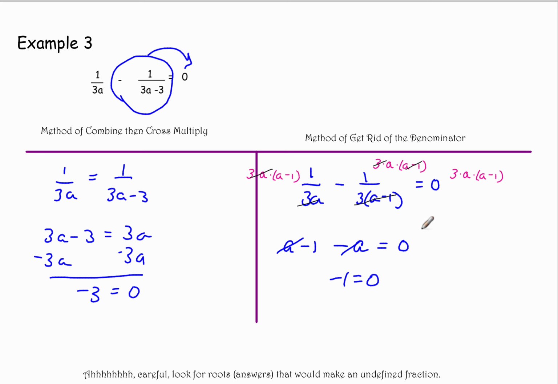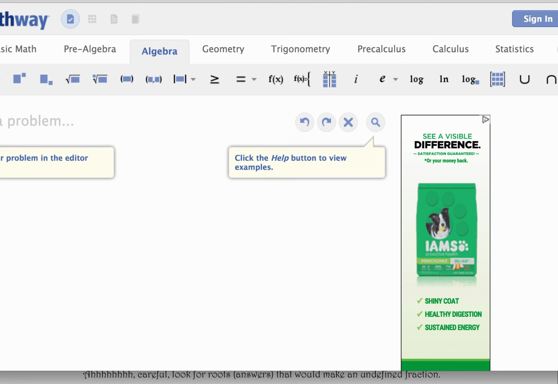What's going on? I'm going to go back to Mathway like I told you. I'm going to enter this problem. Okay, parentheses.